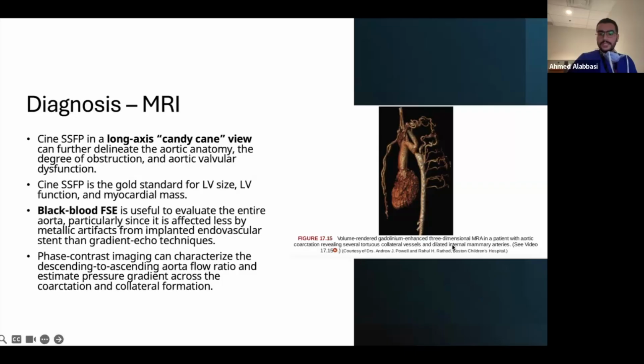On the right here, this is a three-dimensional MRA with aortic coarctation. And what we see here very nicely is several of these tortuous collateral vessels that have formed in the setting of this severe narrowing, just distal to the left subclavian, and dilated internal mammary arteries as well.